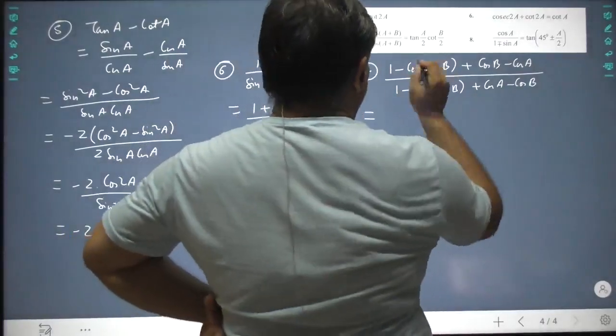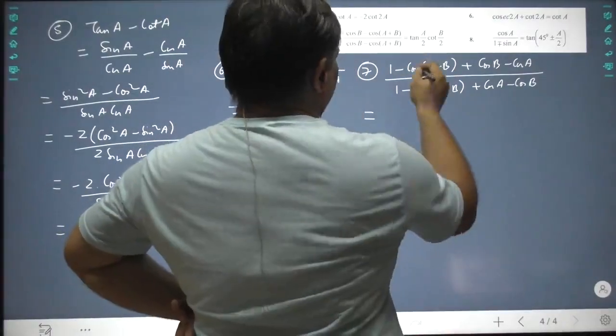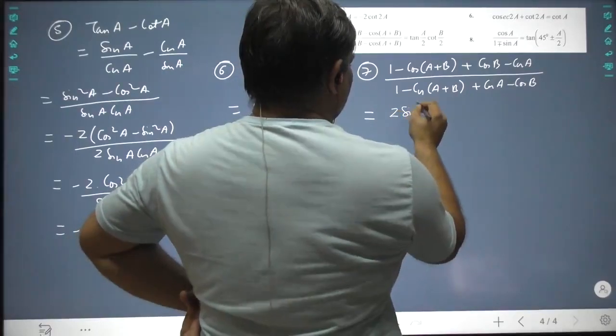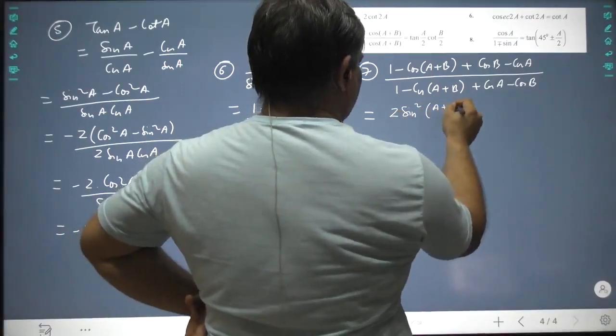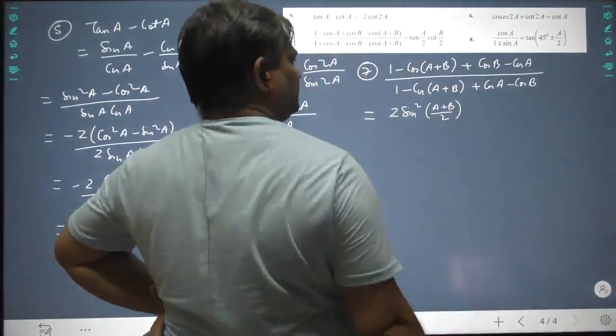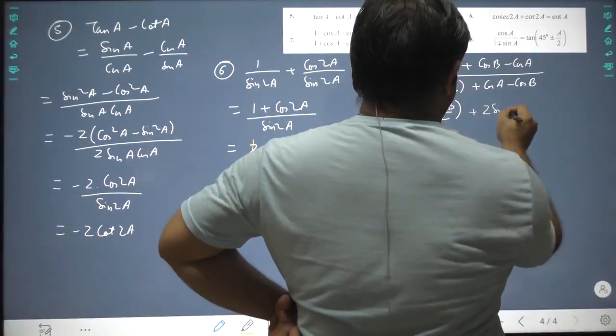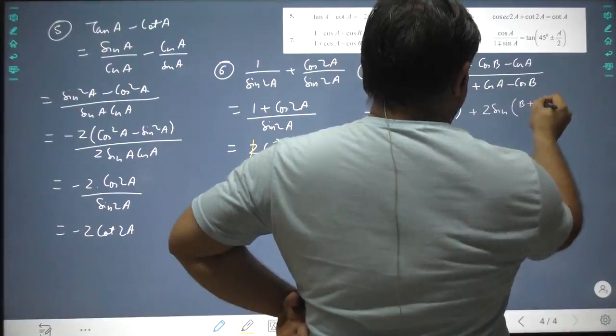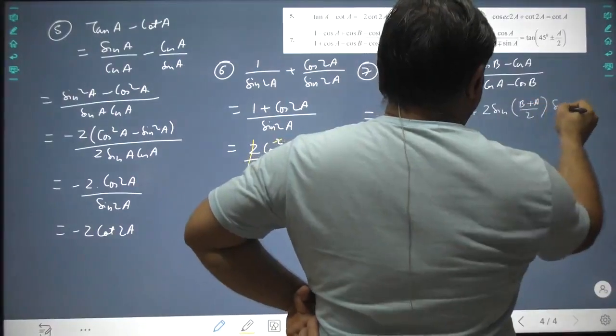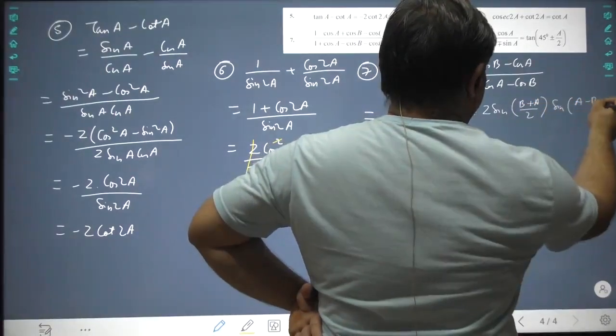So 1 minus cos theta. Now understand, 1 minus cos theta is 2 sin square theta by 2. Cos C minus cos D, it is very easy. It comes out to be 2 sin (C plus D)/2 into sin (D minus C)/2.